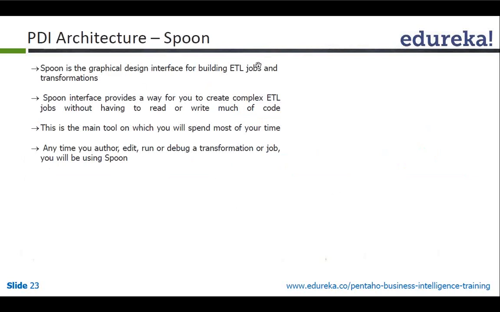So this we already talked about. Spoon is a graphical design interface. You can build your ETL jobs using a plethora of available steps or job entries. Again, we'll cover jobs and transformations. Transformation is the lower layer, and on top of transformations, you can have jobs.